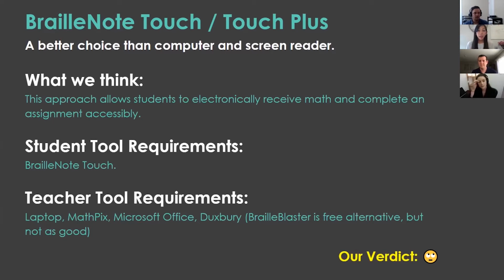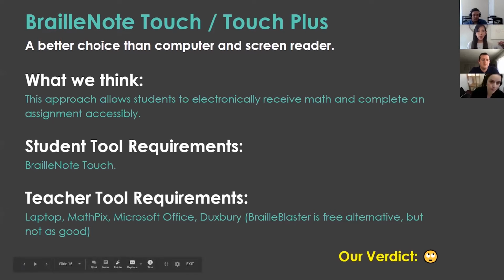What we have found more successful is the Braille note taker side. The Braille Note Touch or the Braille Note Touch Plus allows the student to receive math and complete the math accessibly, using either Nemeth or UEB Math, and to submit it back to their teacher. The tool requirement on the student end is basically just a Braille Note Touch or Touch Plus.